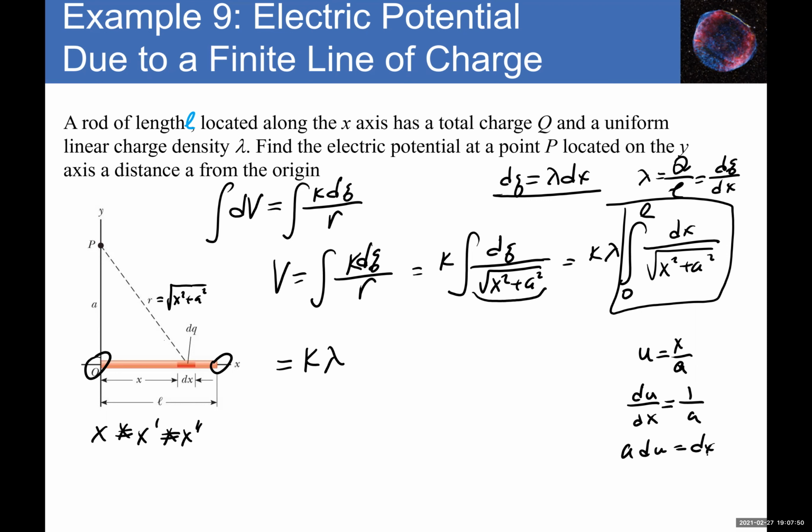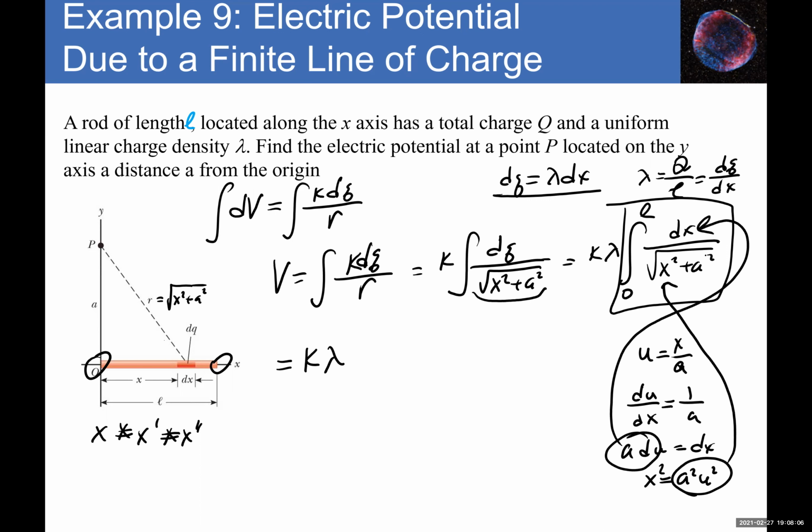Then make a substitution where we're substituting x squared equals a squared u squared. Taking this, substituting for x, and taking that, substituting for dx, we get an equation in terms of du, which becomes 1 over square root of u squared plus 1.